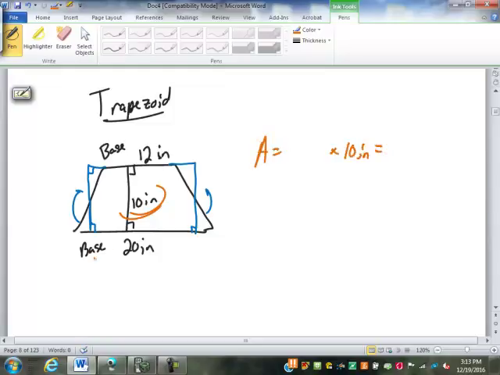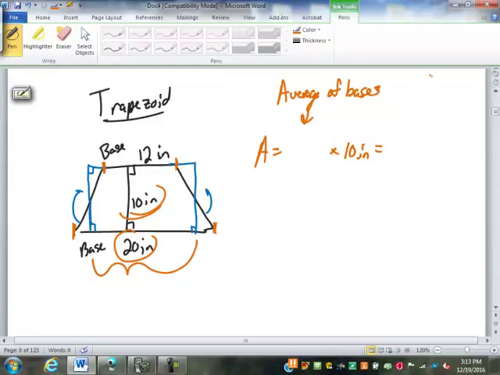The question is, what is the length? Well, we know that the length is actually somewhere between the 20 that goes all the way from here out to here and the 12, which is the shorter base. In fact, that length is exactly in between them. It is the average of the bases.